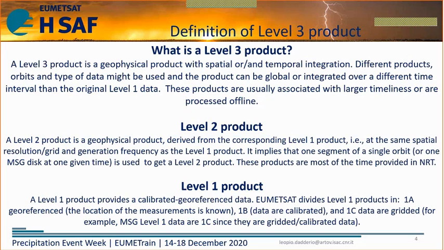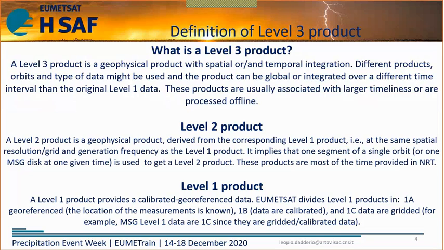So what is a level 3 product? A level 3 product is a geophysical product with spatial and/or temporal integration. So you can use different products, types of data, and orbits to provide a level 3 product that can be global or integrated over a different time interval with respect to the original level 1 data.